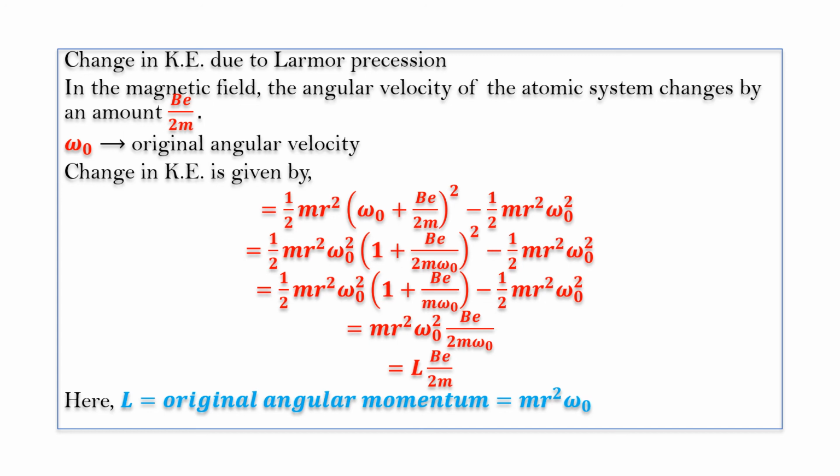Then we went through the explanation of this diagram. Then finally we derived the change in kinetic energy due to Larmor precession. Then we concluded that the original angular momentum capital L is equal to m r square omega naught.